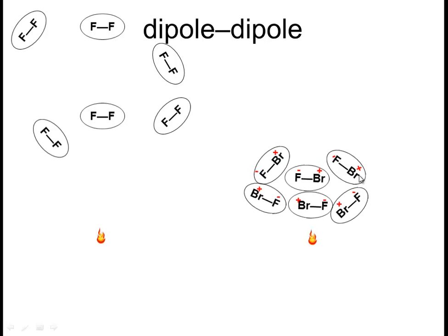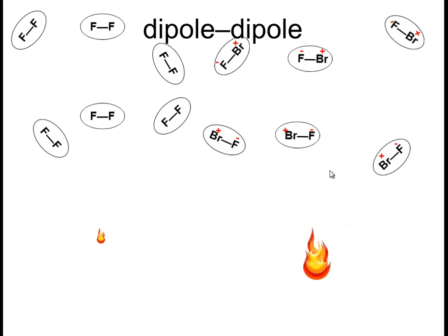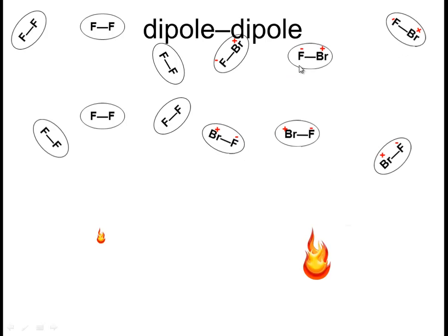Here with these guys, because they're sticking together more strongly, we're going to have to supply more heat energy and get them going even faster. All right, and only then will you be able to persuade them to separate from each other. They're much more reluctant to move away from each other than molecular fluorines are.